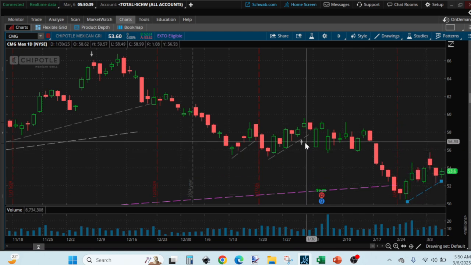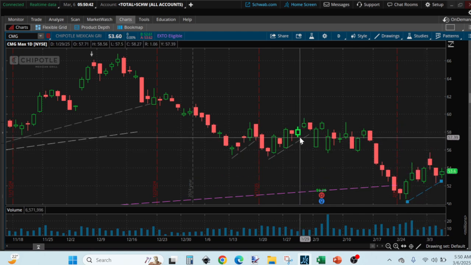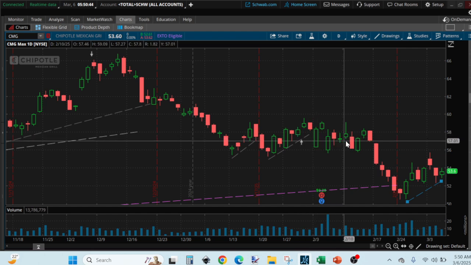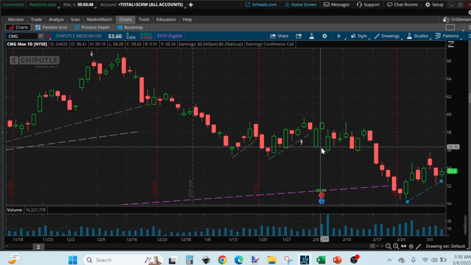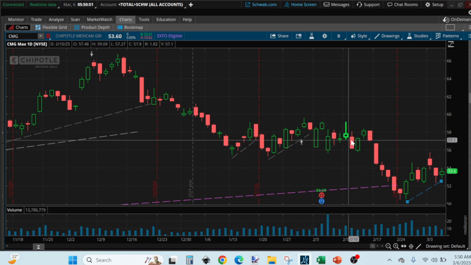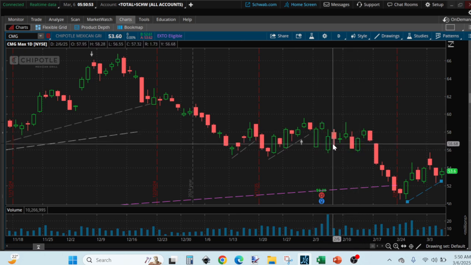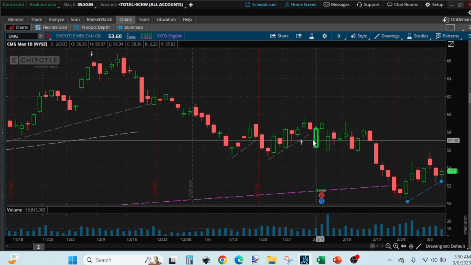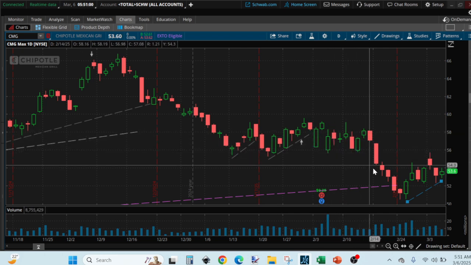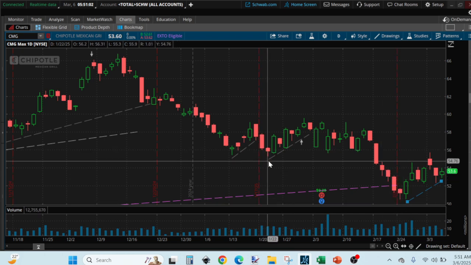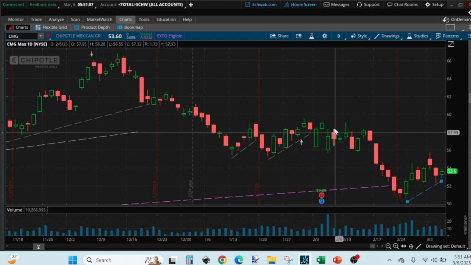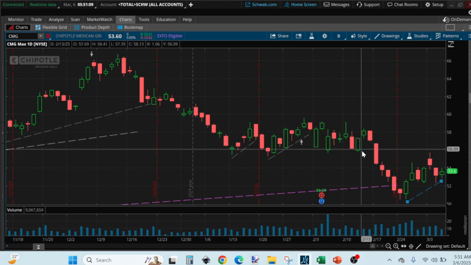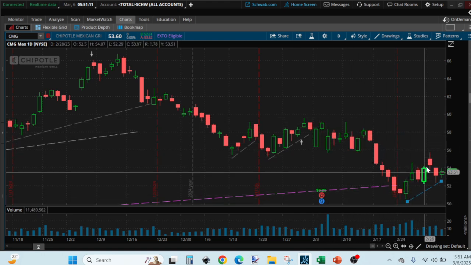Does that make sense? You see, we got in here a little early, and it went sideways, and you'll see those create kind of lower lows. If I wanted to connect those lows, it's going to be going down, and it went down. So going up here didn't stop it, it went down, but it's more like sideways here and went down, and now it starts going up.